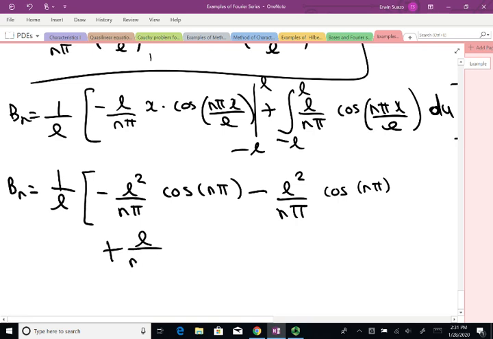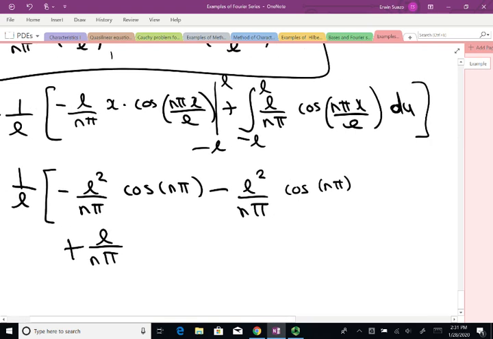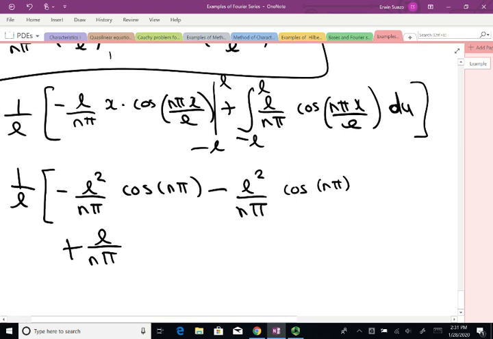Plus L over n pi, and the derivative of cosine is minus sine n pi x over L, times L divided by n pi.